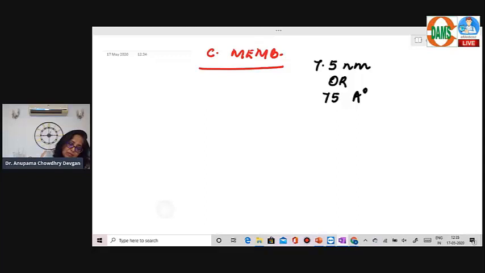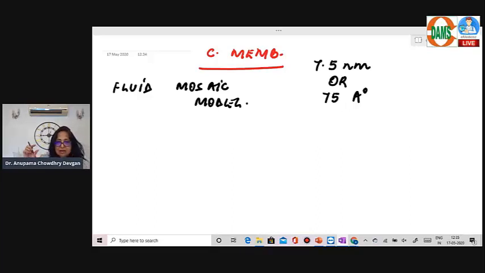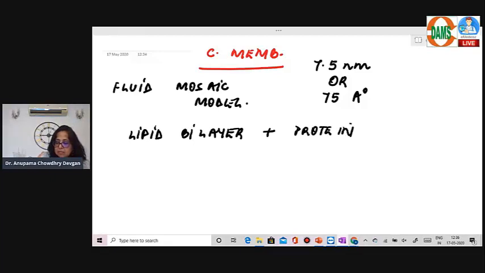If you remember the fluid mosaic model, there is a lipid bilayer plus the presence of proteins. Right? Lipid bilayer plus the presence of proteins.